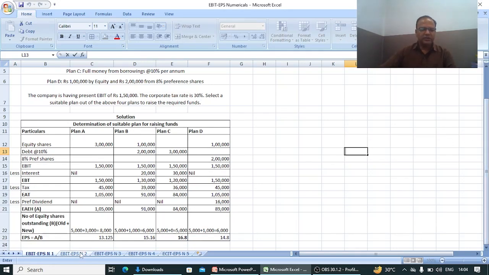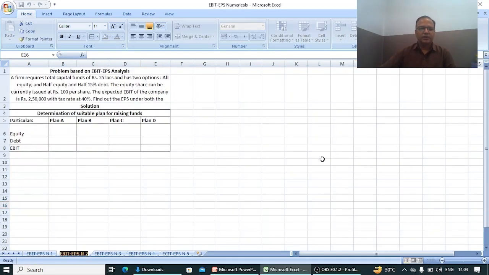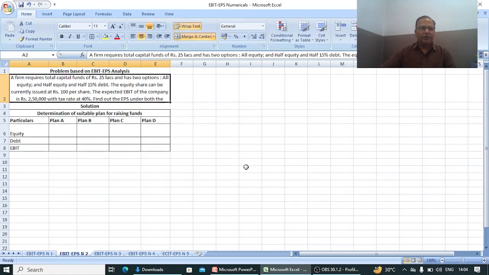Now let's come on some another problems. This is problem number 2. A firm requires total capital funds of rupees 25 lakh and has two options, all equity and half equity and half debt.